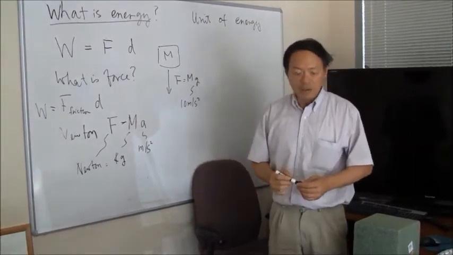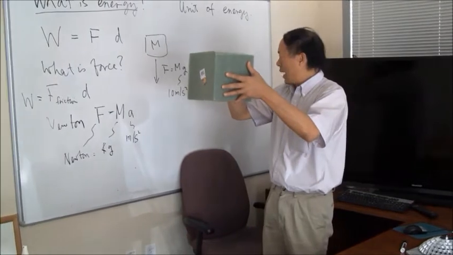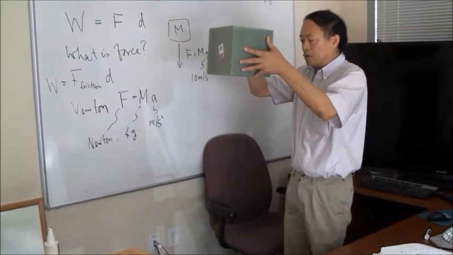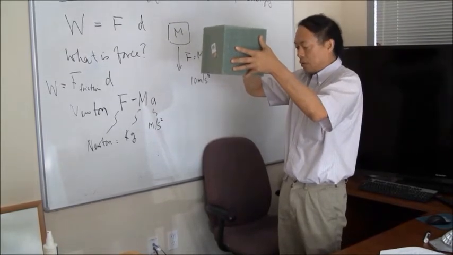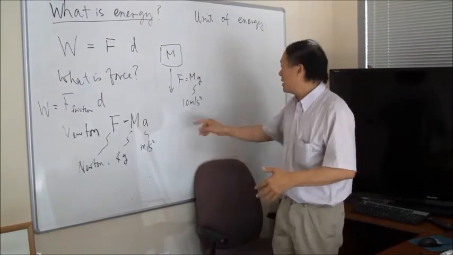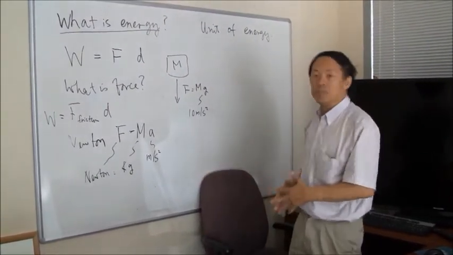So if we drop the concrete block down, it will act according to gravity and drop down, and the acceleration would be 10 meters per second squared.